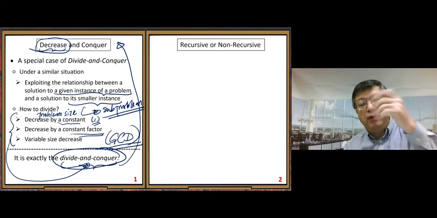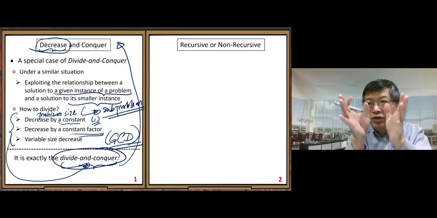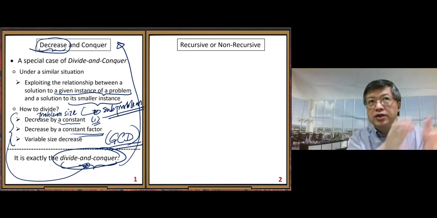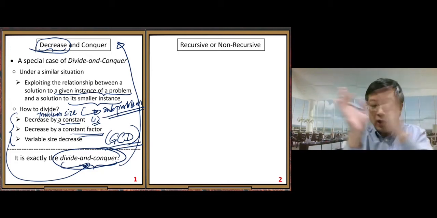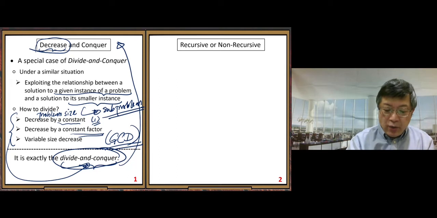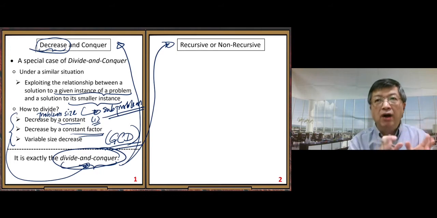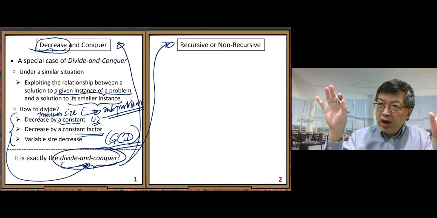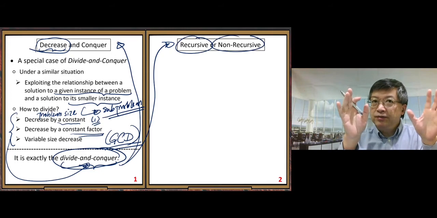Recursive or non-recursive. When we solve a problem, we have two options we can use. One is the recursive way, another is non-recursive way. So here we are talking about divide and conquer. When we use divide and conquer to solve a problem, after we derive that recurrence relation, we have these two ways to solve that recurrence relation.